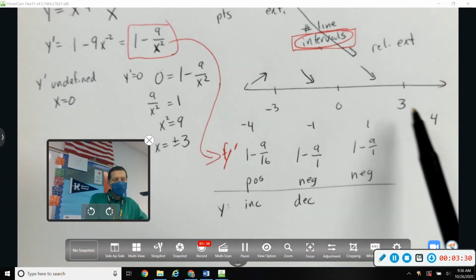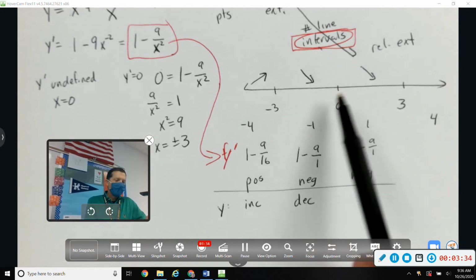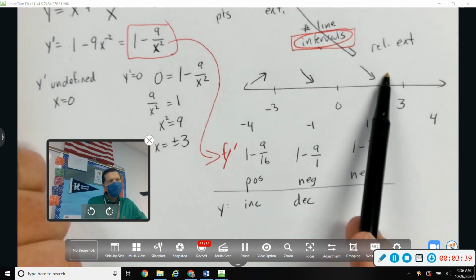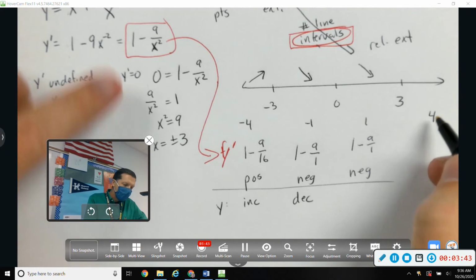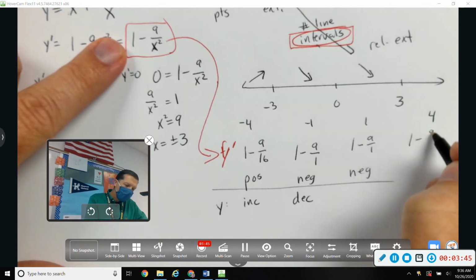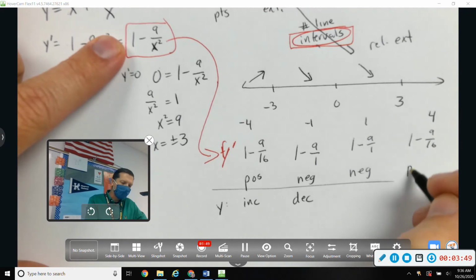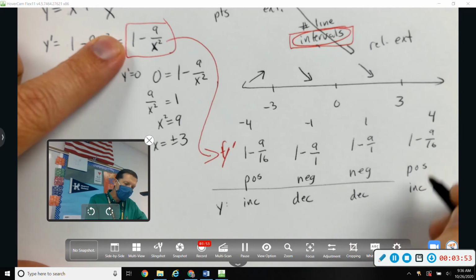But not always. That's one of the reasons I picked this problem: I don't want you to get in the habit of seeing them alternate and think that's always the case. It's usually the case, but it's not always the case. And I plug in 4, 1 minus 9/16. Again, fractions, but 1 minus 9/16 is positive. So y is increasing.